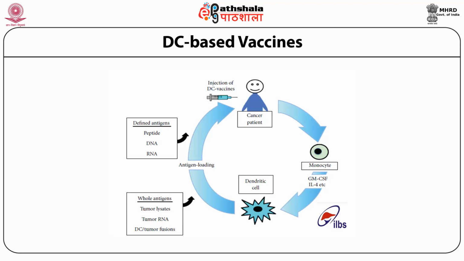Now these dendritic cells can be transduced with tumor lysates, tumor RNA and tumor infusions. When they have seen the tumor antigen, they become antigen loading dendritic cells, which have the peptides of tumors, or they have seen the whole tumor antigen.